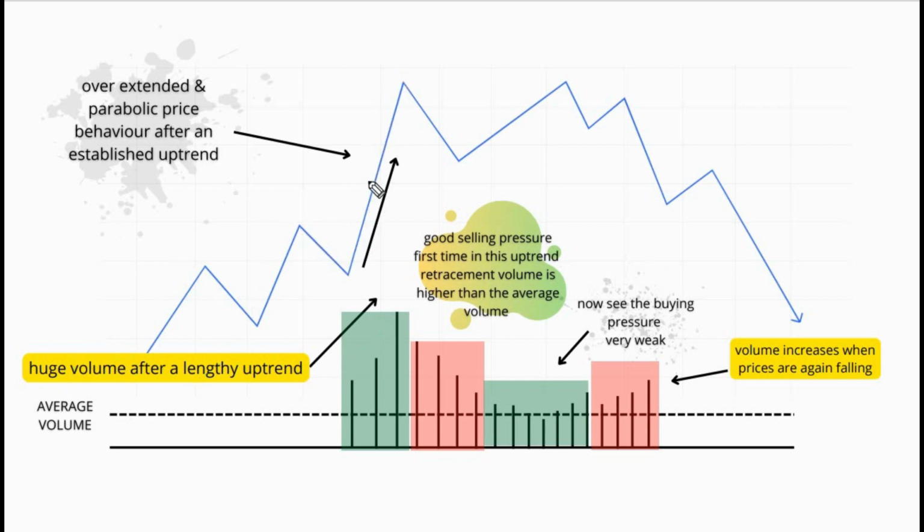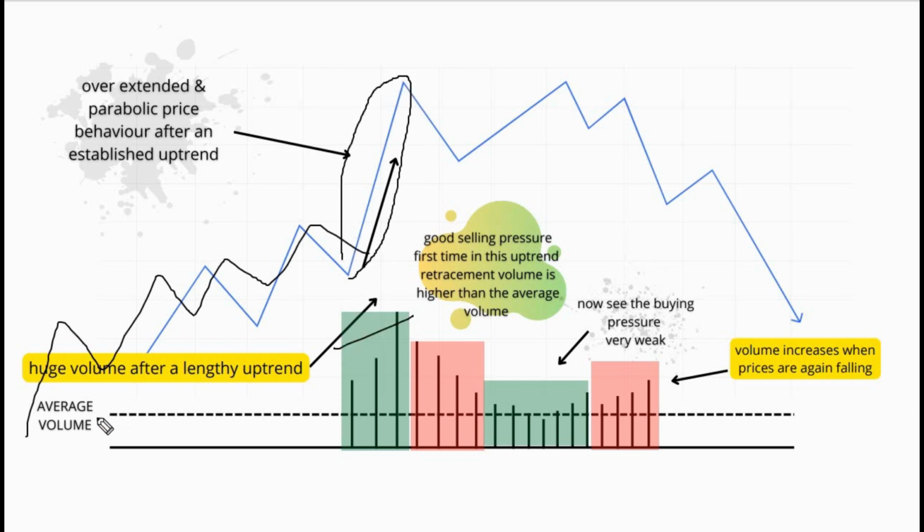Okay, remember, we were already in an established uptrend, but now prices have started to shoot up aggressively towards the upside with very high volume, which is higher than the average volume size, at least 2x, 3x or 4x. So what is this indicating?